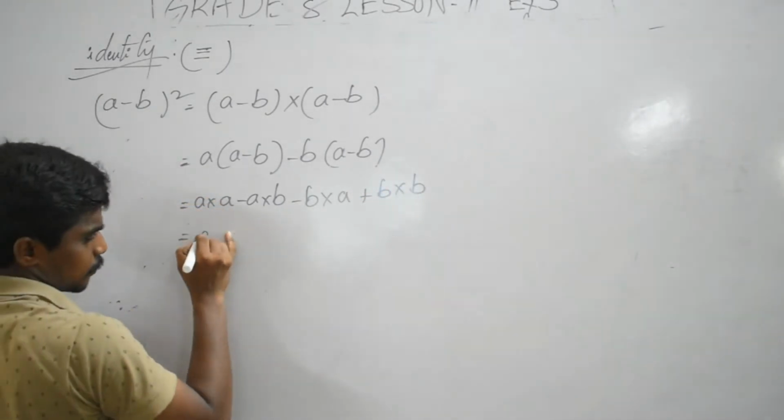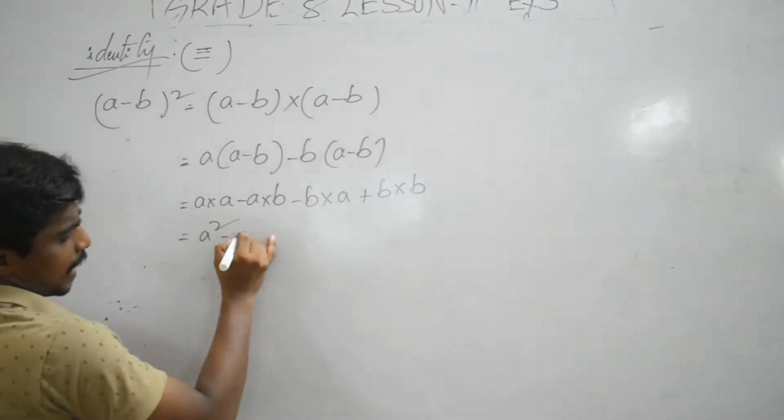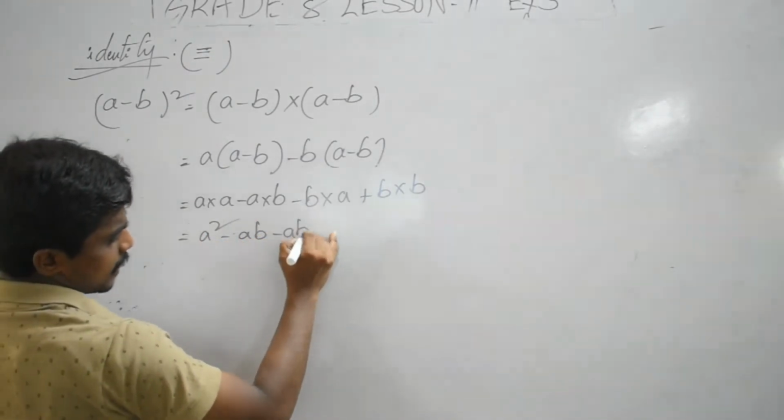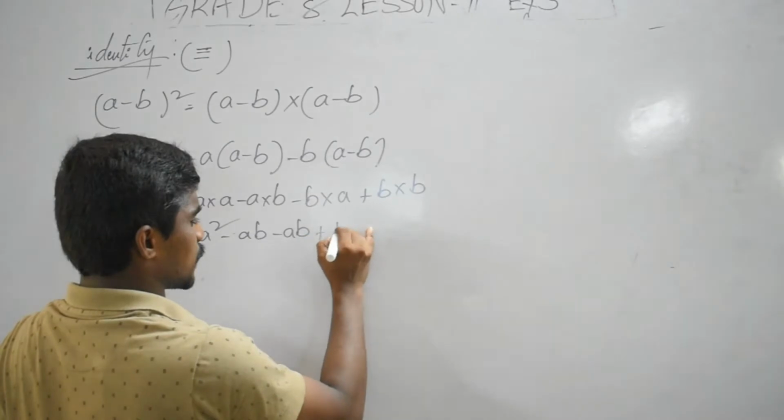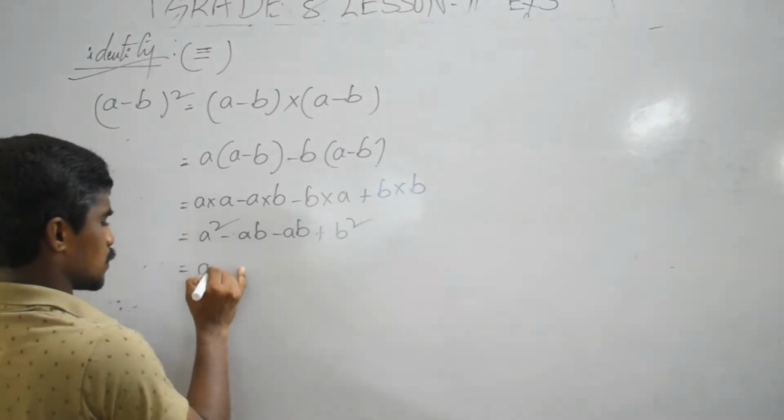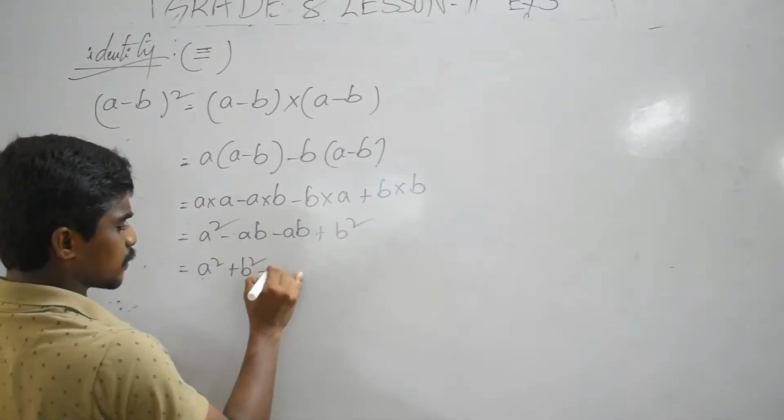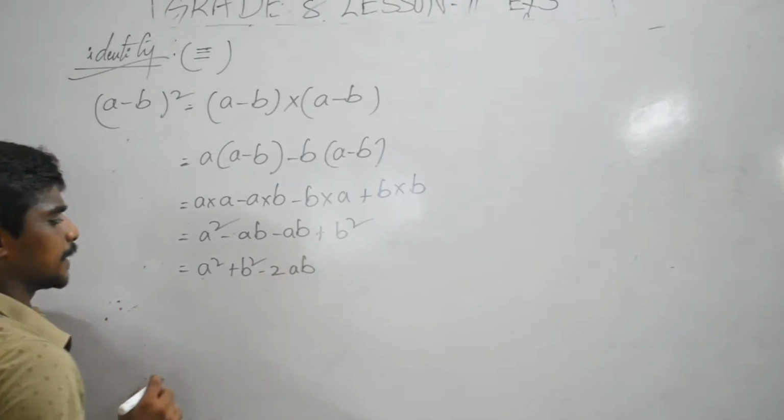Now a square minus ab, minus ab, plus b square. So a square plus b square minus 2ab.